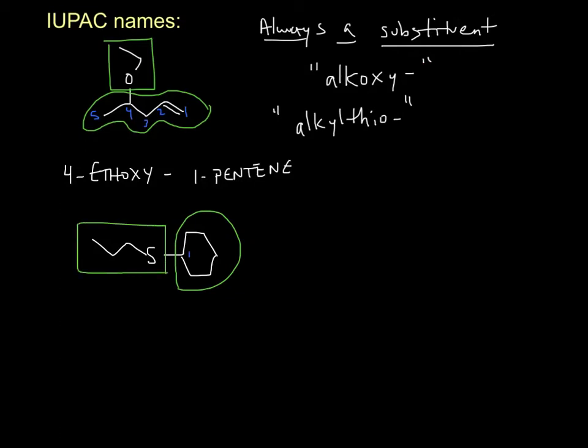And in this case specifically, we have 3 carbons, 1, 2, 3. So it would be a propylthio. So this would be propylthiocyclohexane. And that is how you name these guys in terms of IUPAC.